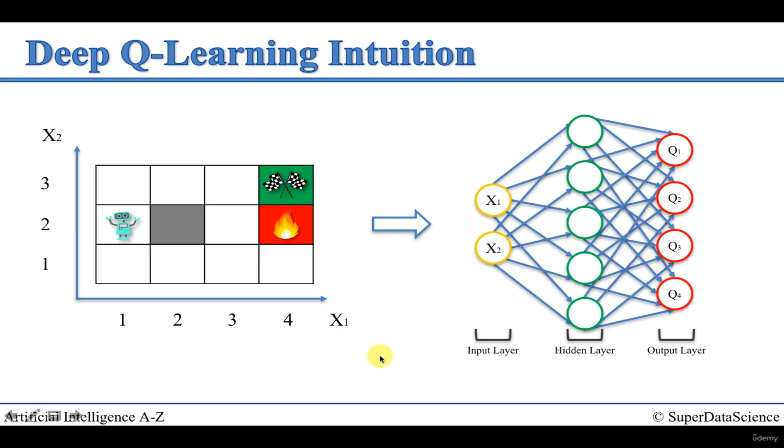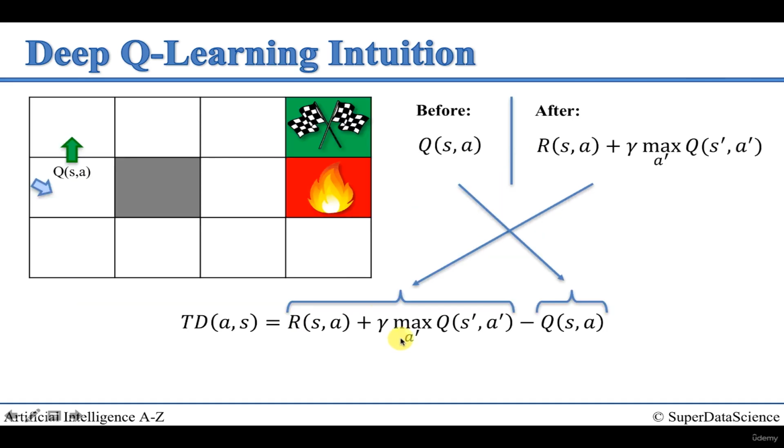And now let's have a look, in a bit more detail, at what happens to the concepts of Q-learning when we make this transition from simple Q-learning into deep Q-learning. As you saw in the previous intuition tutorials, we had a slide like this, which is the foundation of temporal difference learning. This is the formula for temporal difference. So let's go through this.